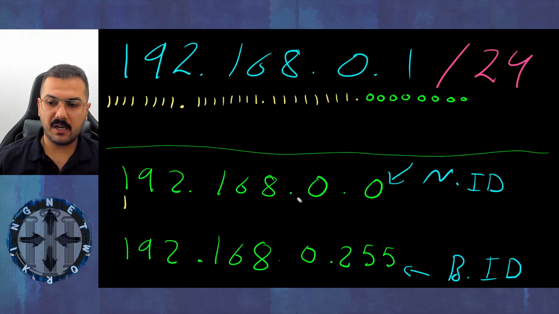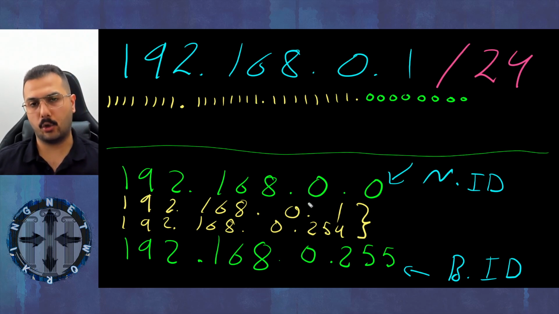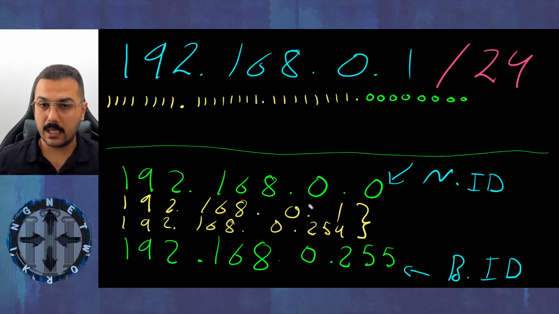They start from the very first IP after the network ID, 192.168.0.1, and they end at the last IP before the broadcast address, 192.168.0.254. Such as 192.168.0.2, 192.168.0.3, 192.168.0.10, 192.168.0.25, and until we count until we reach 192.168.0.254.